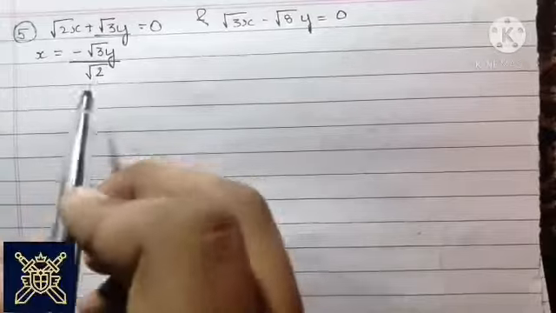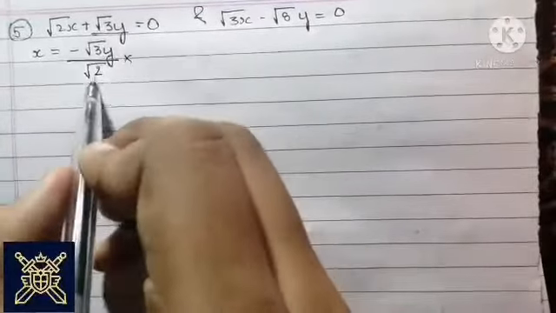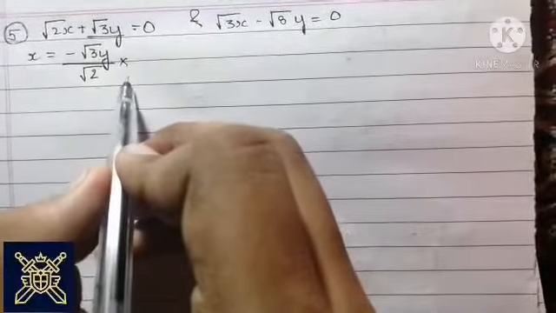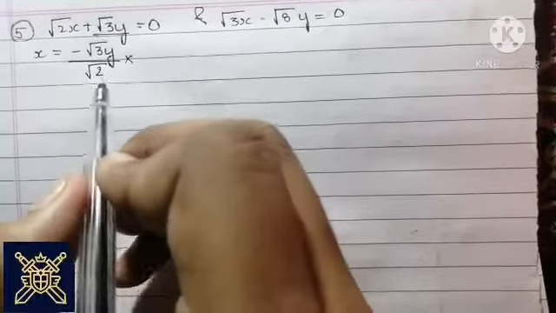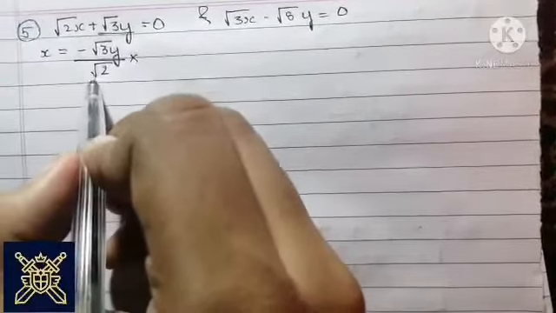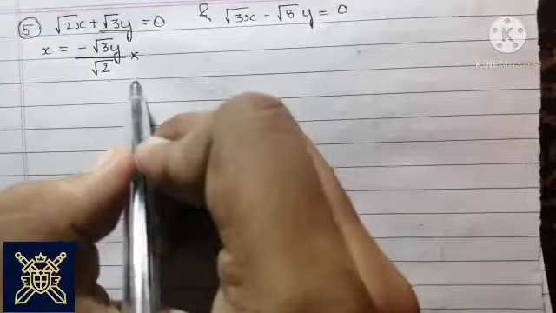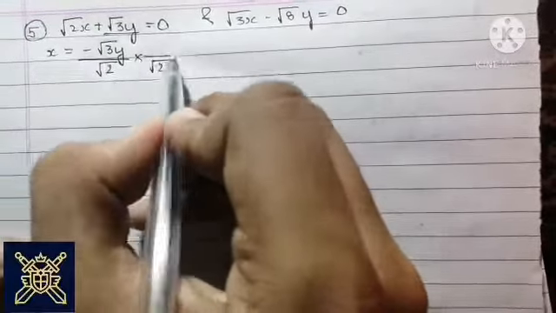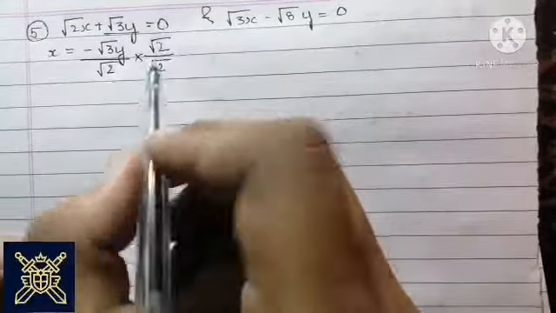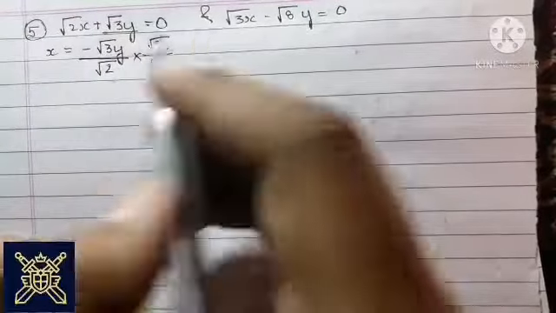From class 9th you know how to rationalize a number. In order to rationalize, you get a denominator that is not irrational, that is a number which is rational. So if you want to get this root 2 as 2, you multiply it by root 2, also the numerator, because root 2 by root 2 cancels out to get 1, your value does not change.